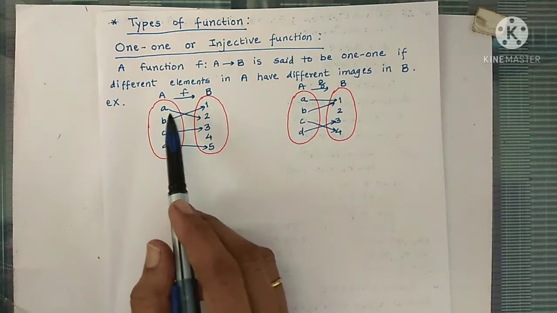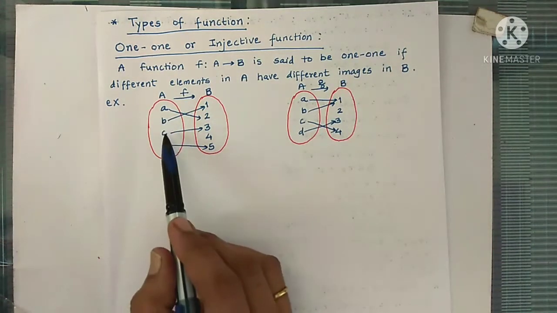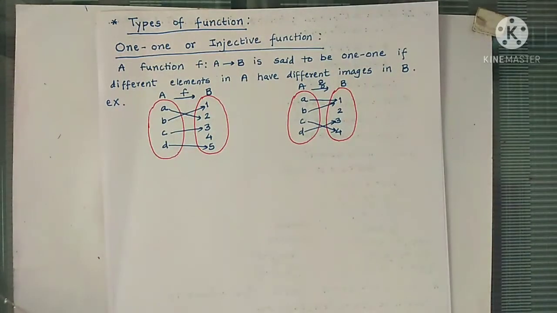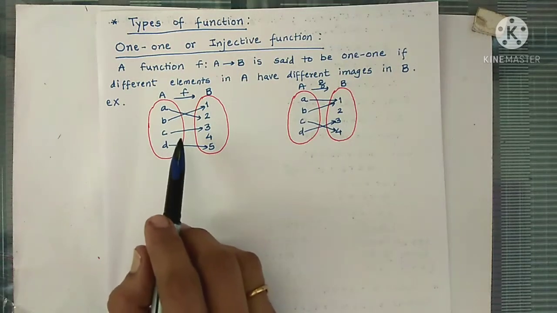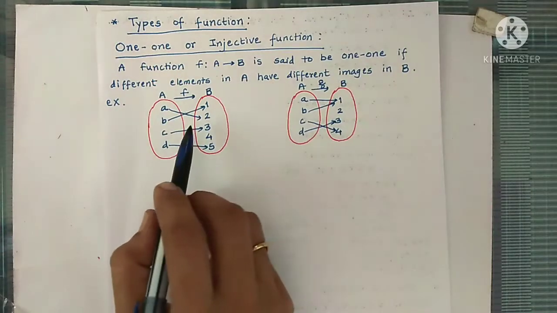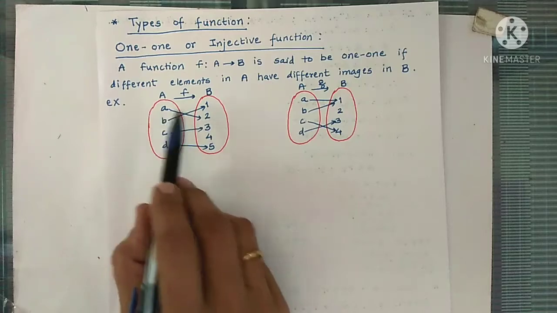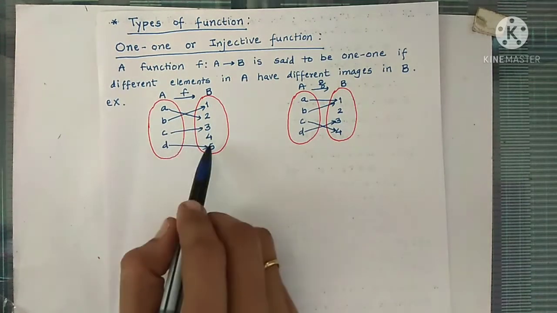You can see that this is indeed a function, as we have an arrow from each element of set A to elements of set B, and that arrow is one and only one arrow. That means every element of A is related to one and only one element of set B. So here in the first one, A is related to 2, B is related to 1, C to 3, D to 5.